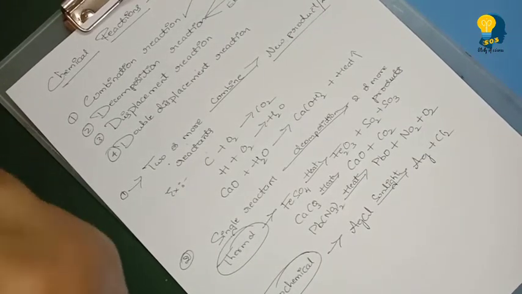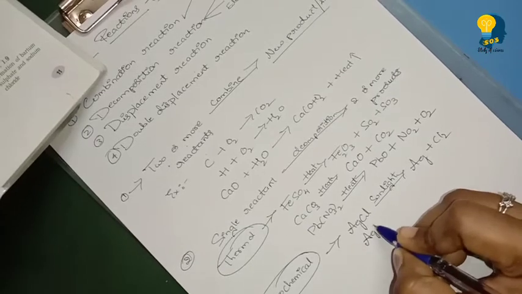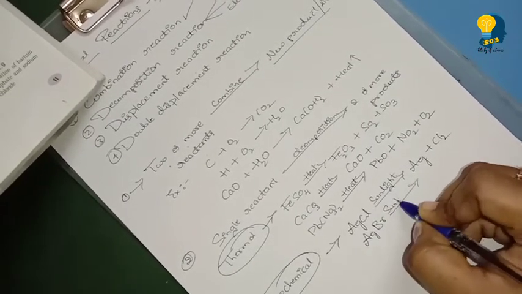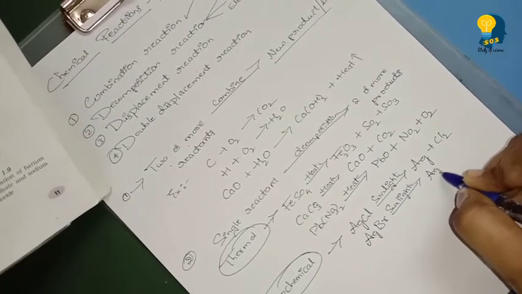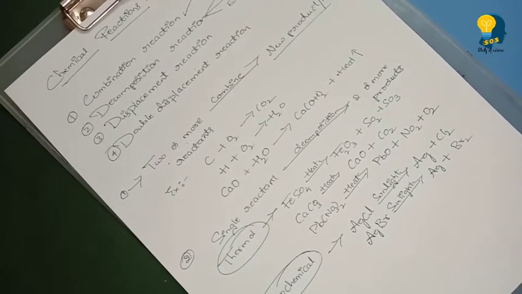Correct? So next, one more example is there. Silver bromide, AgBr. When we keep this in the sunlight, we get silver and bromine. Clear? Very simple.